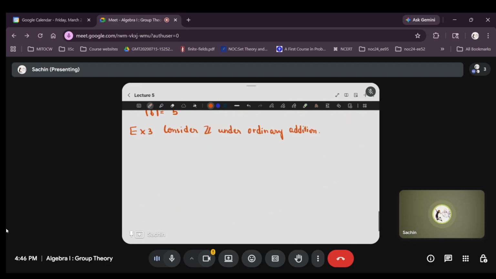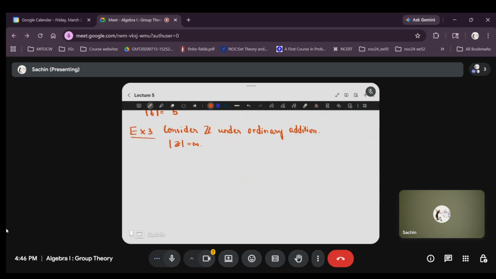So here the group has infinite order because it has an infinite number of elements. I'll simply write it as order of Z is infinite, but this is not correct notation. People don't usually use this notation. I'm just writing it, so don't use it everywhere.